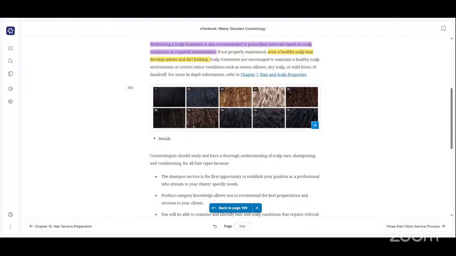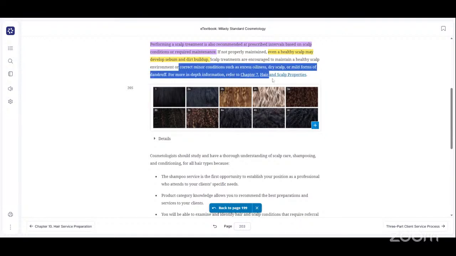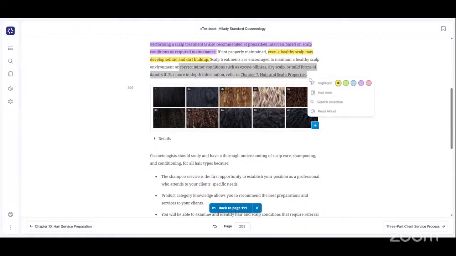Okay. And so it says scalp treatments are encouraged to maintain a healthy scalp environment or correct minor conditions. Minor conditions. Okay. And when we've seen this before, talking about the hair and scalp, minor conditions, you may have a scalp treatment for excess oil.